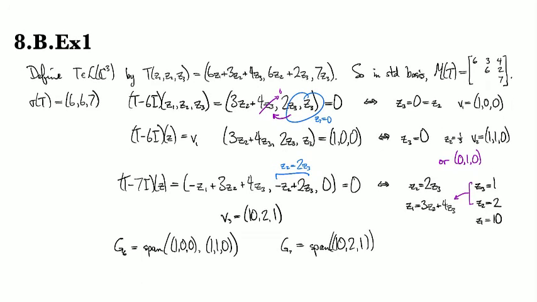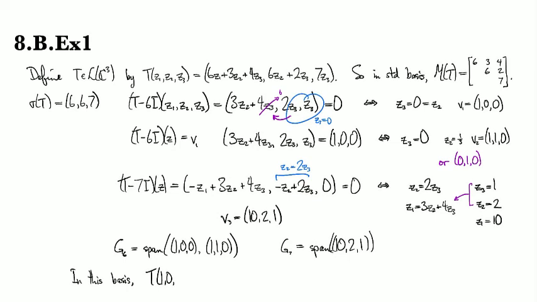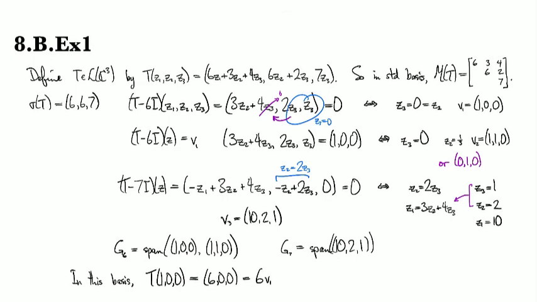And in this basis, T applied to 1, 0, 0 is going to be 6, 0, 0, which is 6 times v1.